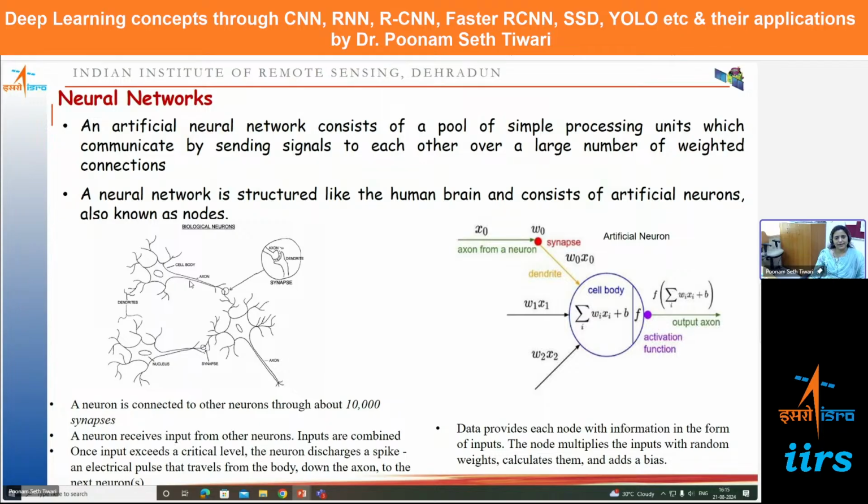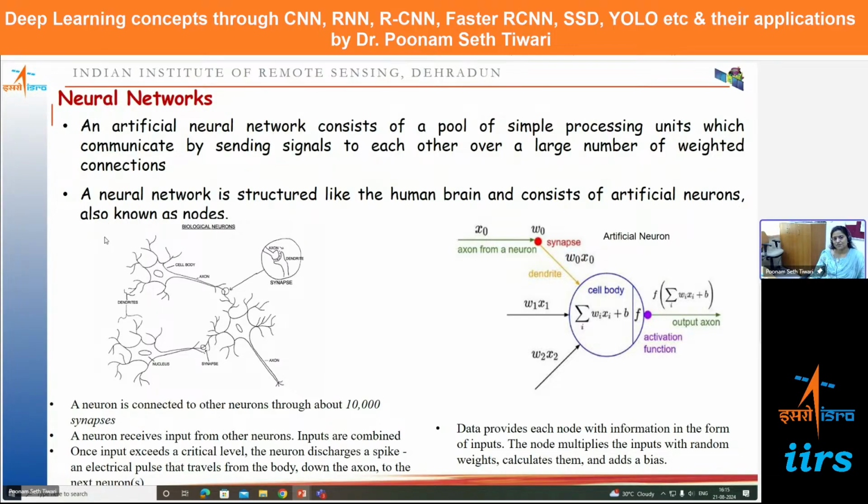One of the dendrites gets elongated and we call it the axon, and using the axon it gets connected to the neuron of the next layer, and from dendrites it is connected to the neuron of the previous layer. So dendrites connect to the neuron of the previous layer and the axon connects to the neuron of the next layer. So what is happening?